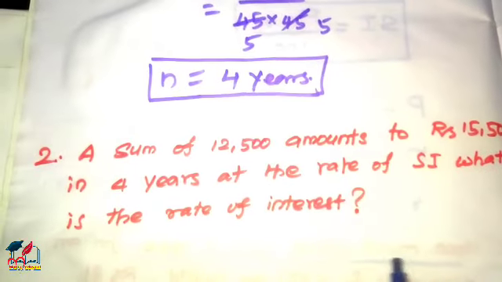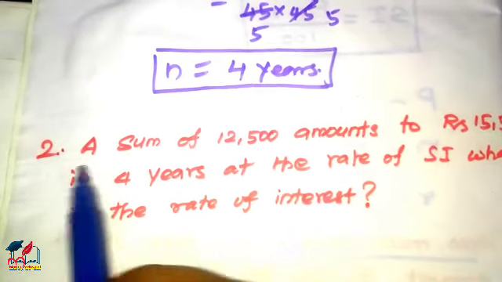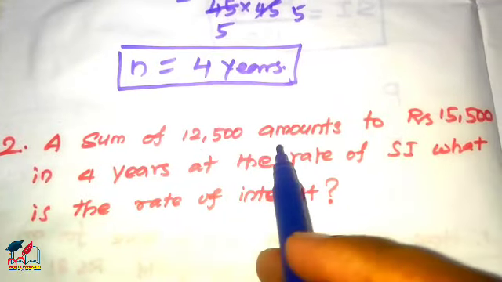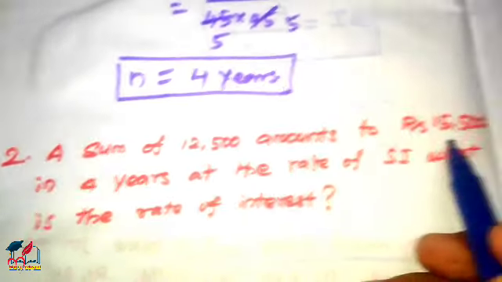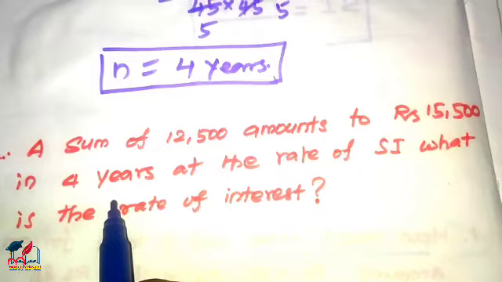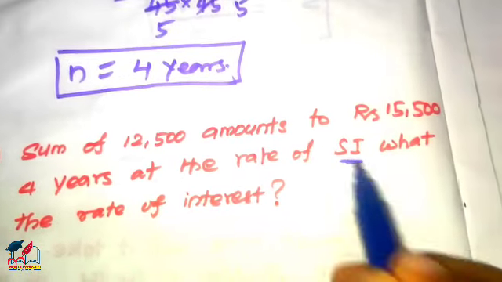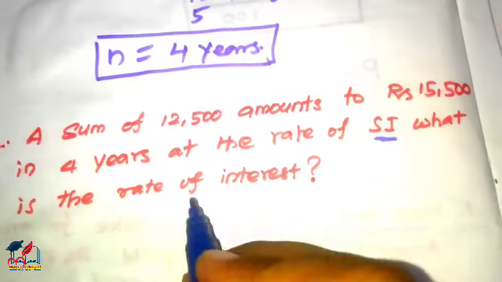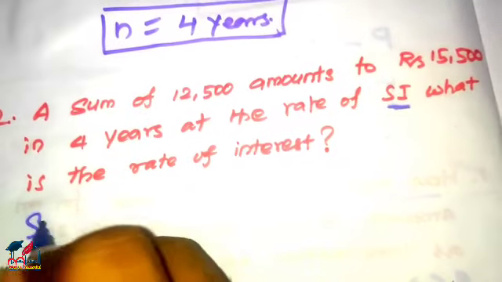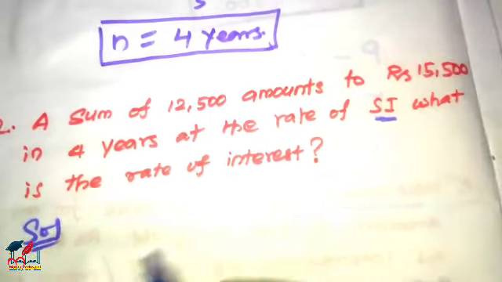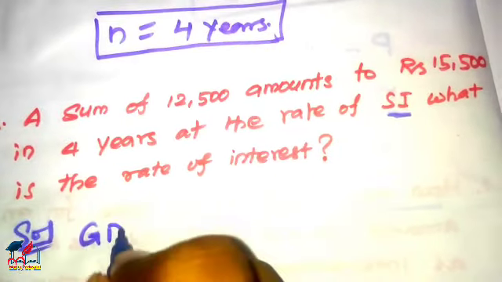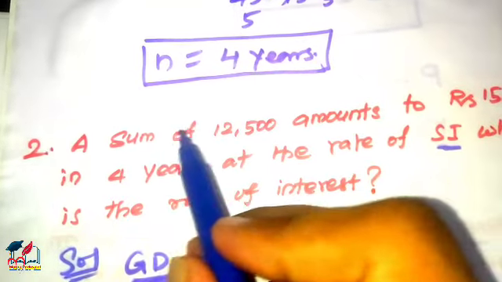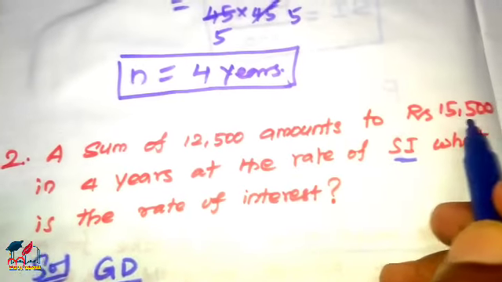Let us solve another problem in simple interest. A sum of 12,500 amounts to rupees 15,500 in 4 years at a rate of simple interest. What is the rate of interest? First let us write what are the given data.